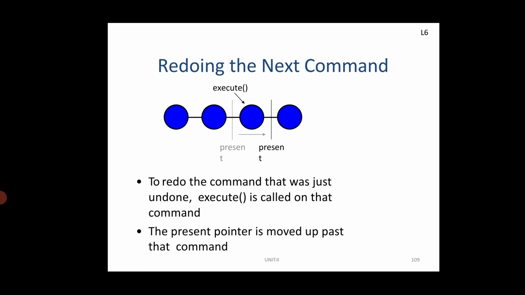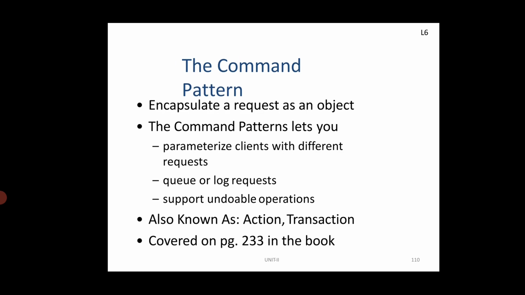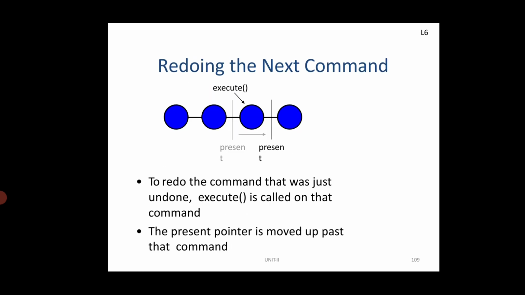So to redo the last undone command, we call execute on the command to the right of the present line. The present pointer is moved up past that command. Then we advance the present line so that a subsequent redo will call execute on the following commands in the future.